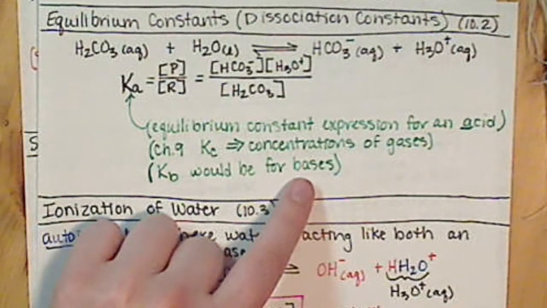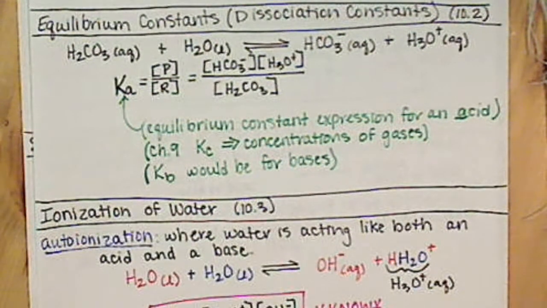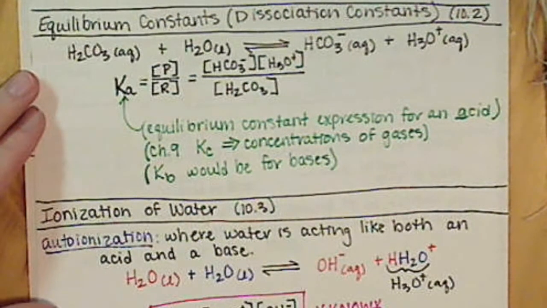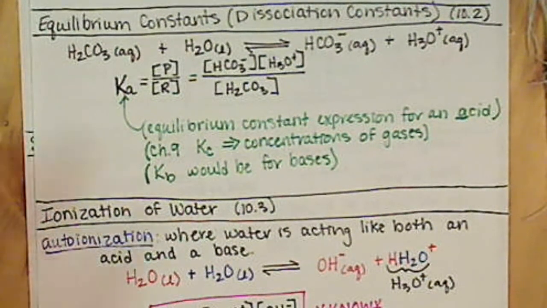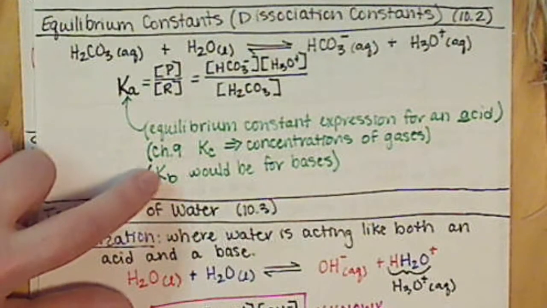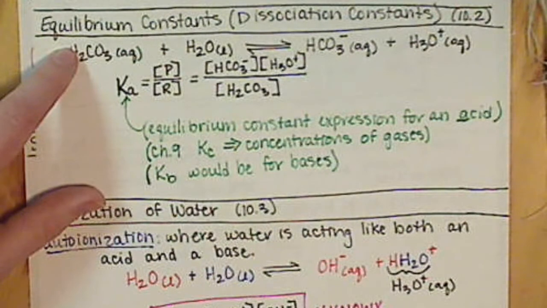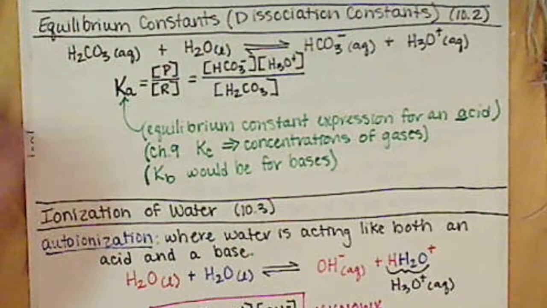Your book doesn't go into Kb, but on the Sapling site, it's possible that Kb is mentioned. Hopefully I've taken those out, but it is possible that Kb can show up in some of those questions. The concept for Kb is the exact same as for Ka, except you would be looking at something accepting a proton rather than donating it.